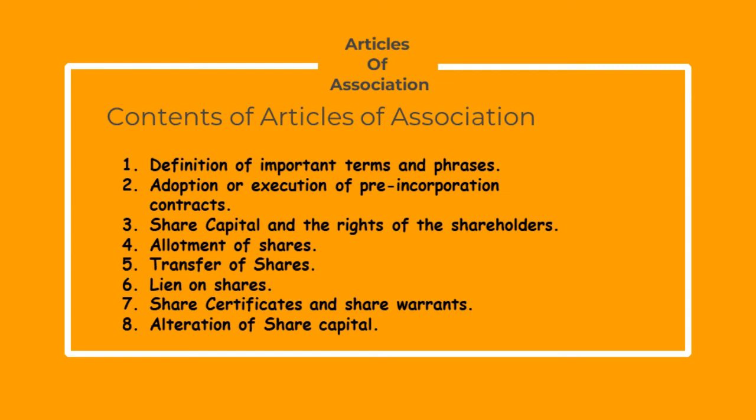Now, the second restriction is restriction on membership. Remember, minimum 2, maximum number should not exceed 200. Remember, if the members exceed 200, automatically it becomes a public company. The third restriction is restriction on issue of prospectus. That means you cannot invite the public to subscribe for shares or debentures.